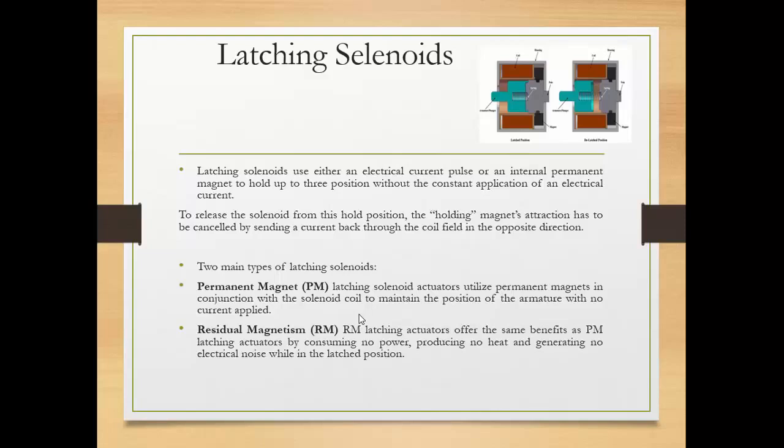The first is the permanent magnet, which uses magnets in conjunction with the solenoid coil to maintain the position of the armature when no current is supplied. And the residual magnets, known as RM latching actuators, offer the same benefit as the PM latching actuators that we saw before, and they consume no power, producing no heat from the current and no electrical noise, so they are kind of friendly.